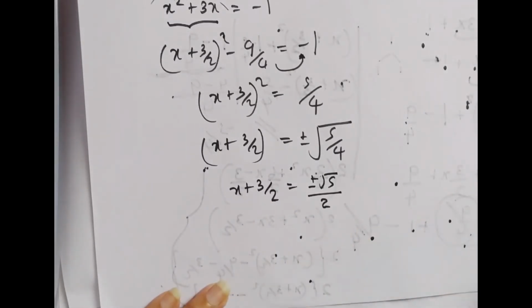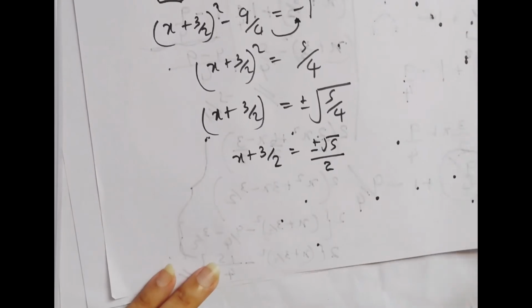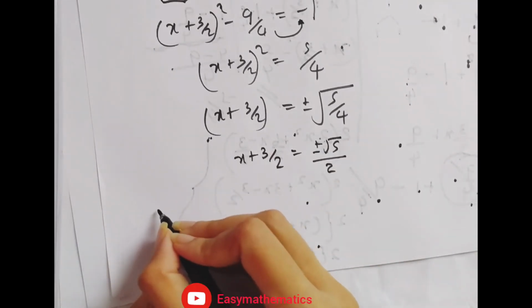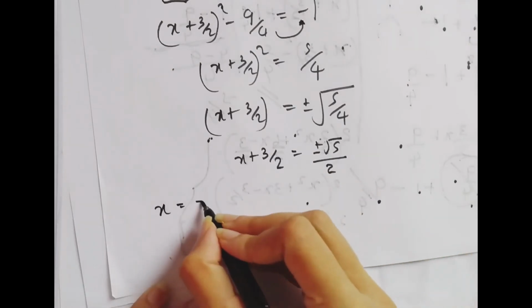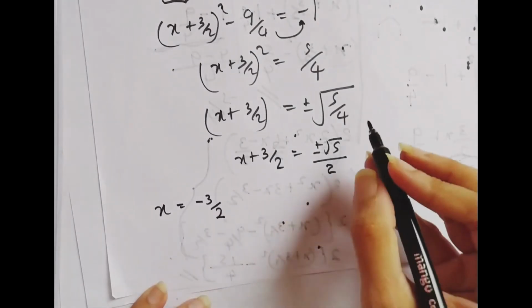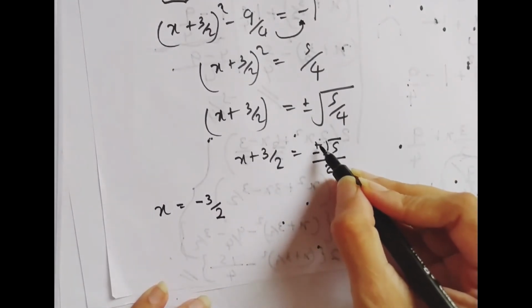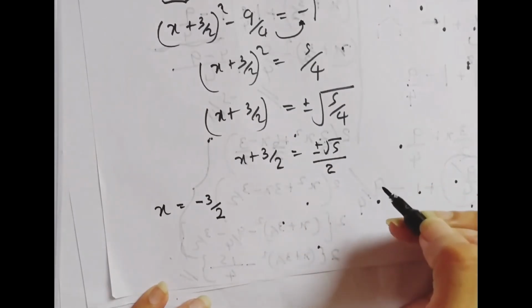So what are the two solutions for this equation? One is x equals, I'll take this to this side, so it is minus 3 over 2. So here I have 2 plus root 5 and minus root 5.